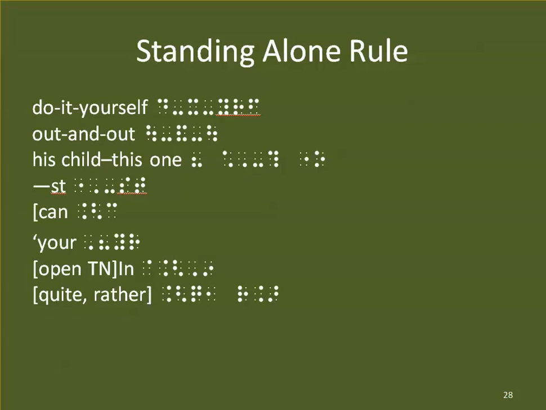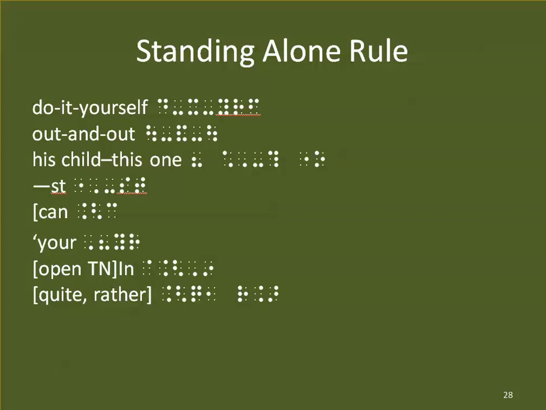Some more examples. We have do it yourself with hyphens. The D has a space on one side, hyphen on the other, so it's standing alone. So the D is read as the contraction for do. X has a hyphen on either side of it, so it's read as the contraction for it. And YRF has a hyphen on one side, space on the other, so it is read as the short form for yourself.